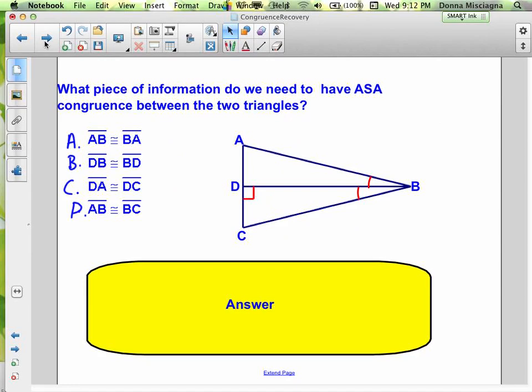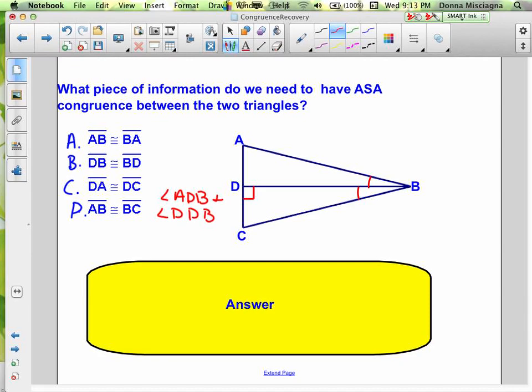All right, so here we have nothing but what's marked and what has to be true. Here are two angles, angle ADB and angle CDB, which are linear pair angles.